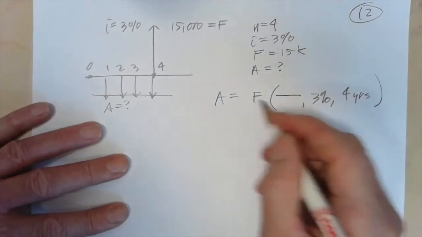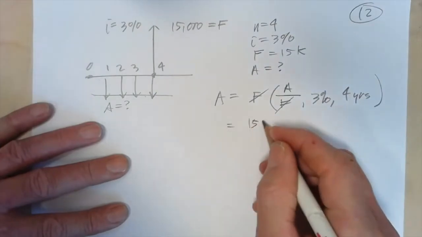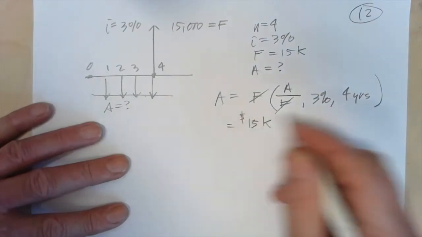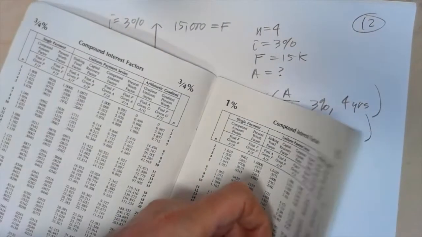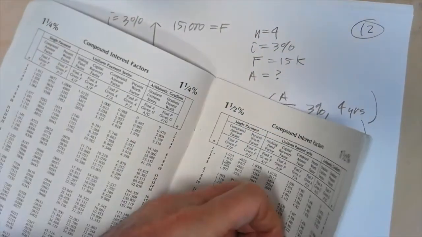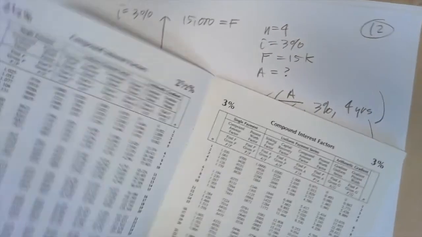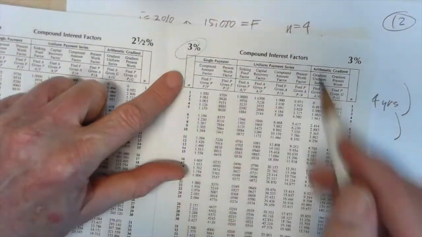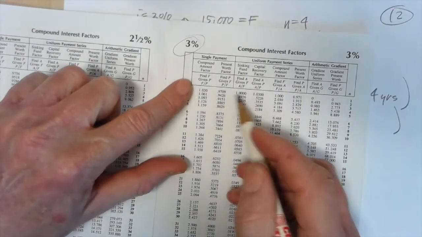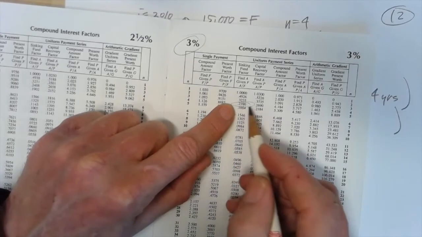So I'm going to get rid of the F, keep the A. This is 15K times, now we have to look in our book, our tables under 3% page. A over F, N is equal to 4, and you see it's right there, 0.2390.